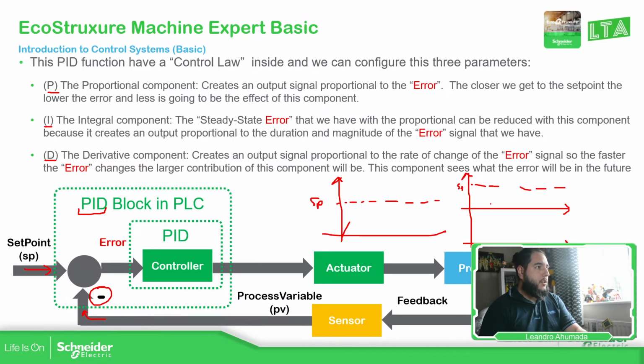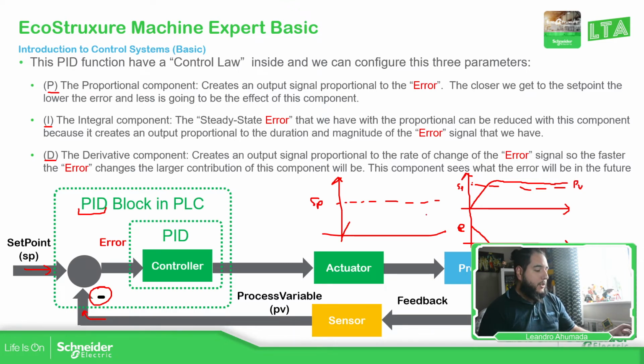So this is a set point, and here you should be able to see this value going to be decreasing, and it can have a constant error. This one is going to be the error, which is this value minus this one, which is the process variable.